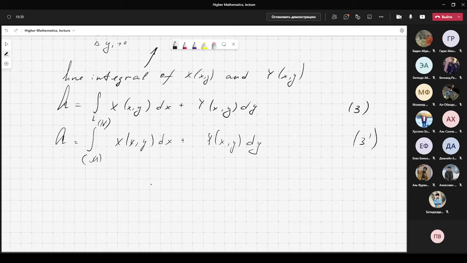The direction of the curve L from M to N is called the sense of integration.